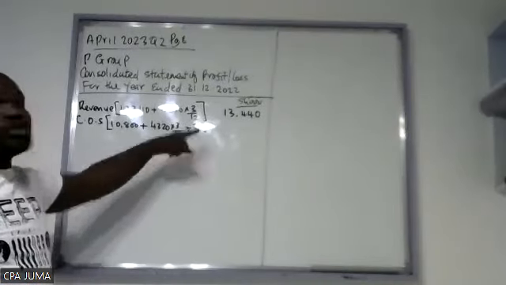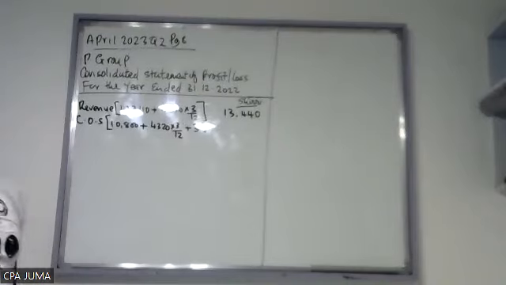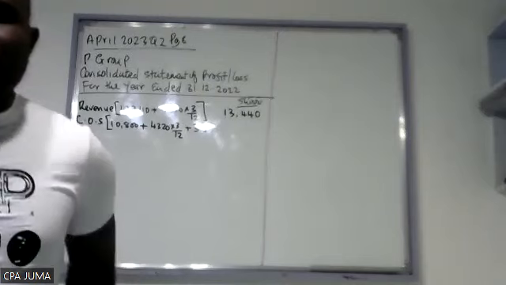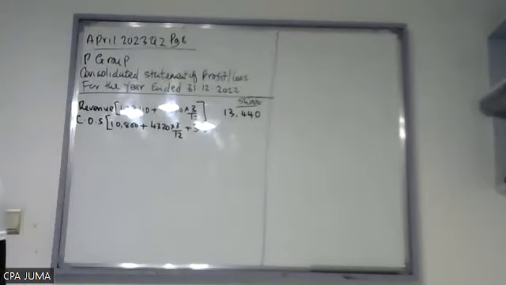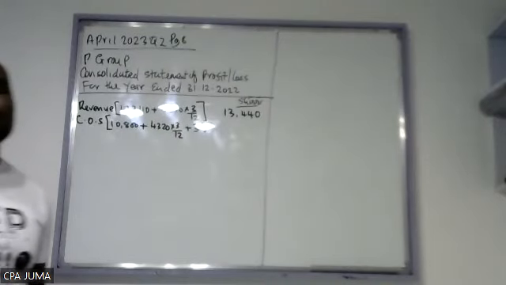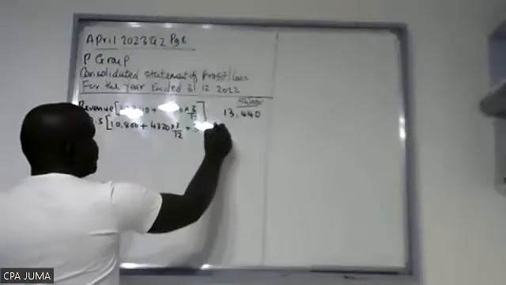Amortization, I'll get it in which note? Which working can we get amortization for reference purposes? Working number 2. So check working 2.